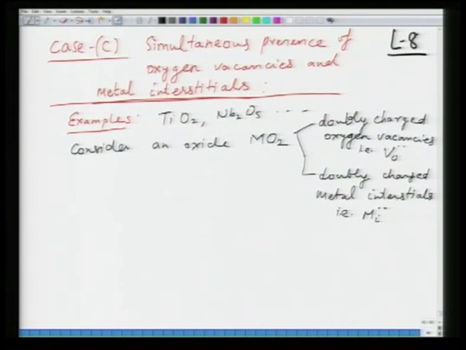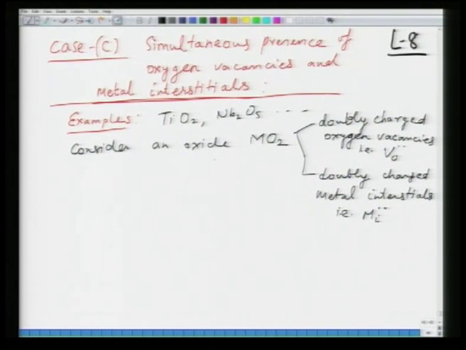So, we have not taken completely charged metal interstitials for convenience, and I will explain what the convenience would be, because if you take this Mi 4 dot, then you may not appreciate the exercise that we are going to do. So this is the situation.